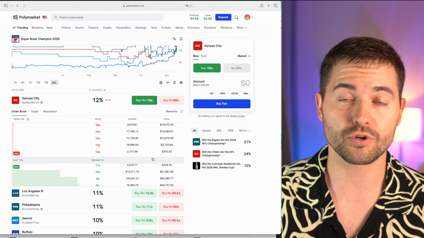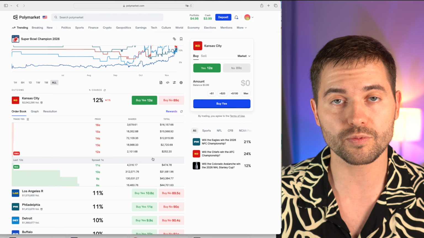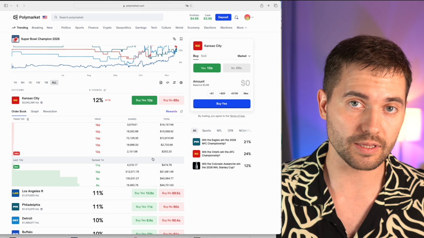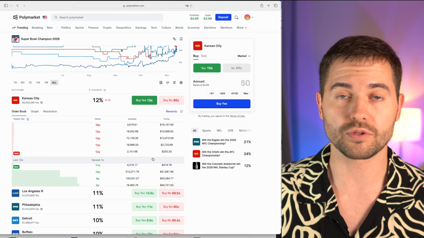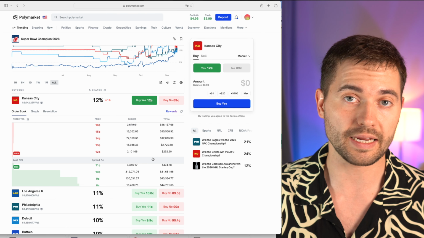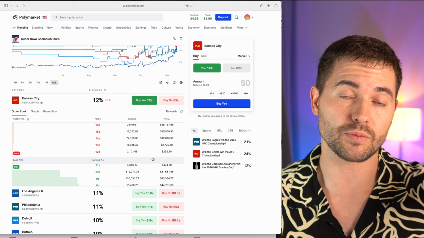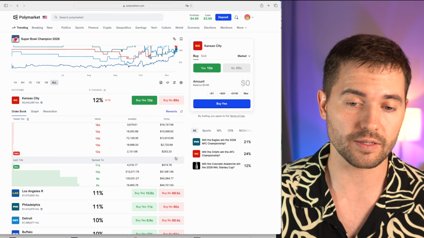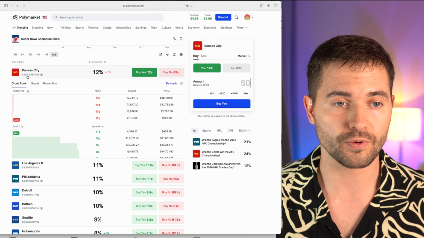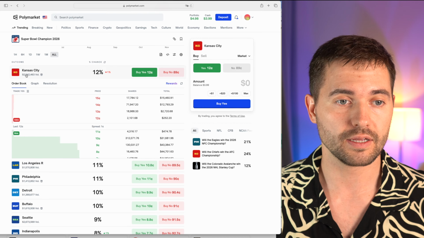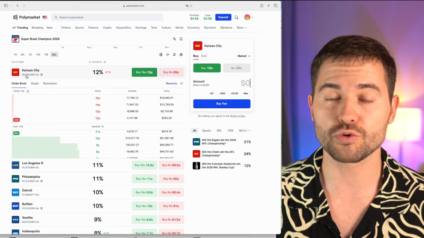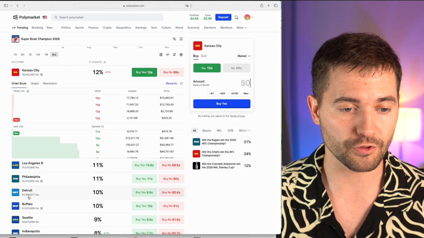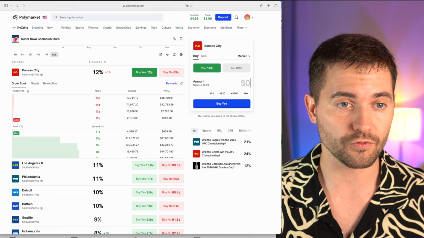And that's why it's important to look at how much money you want to contribute and what's available right now in the books. And if you want to put an even bigger amount of money, it will end up raising the price much higher. So always look at the total, how much is available. Polymarket shows you that total volume right below the market. So in this case, Kansas City has 2 million of volume, and further teams have a smaller volume.